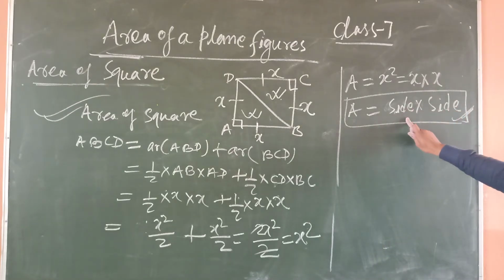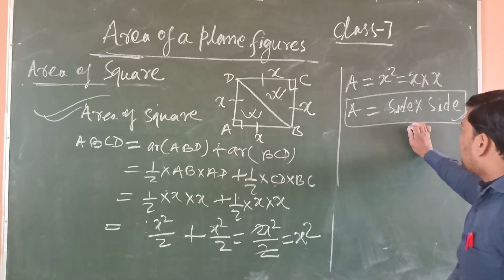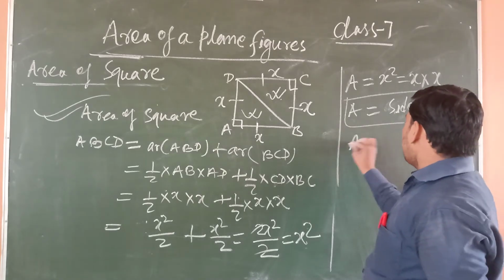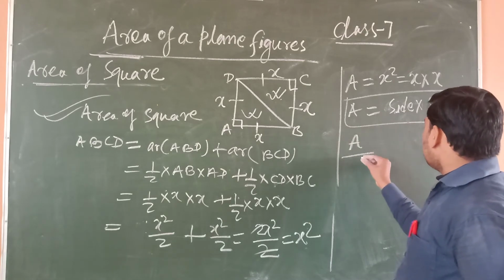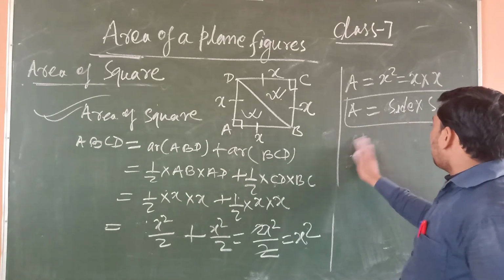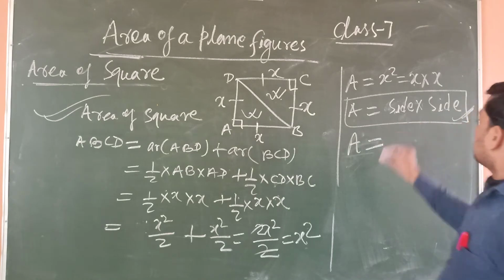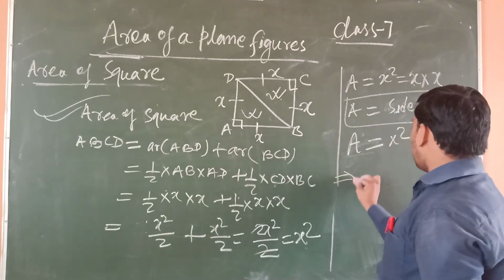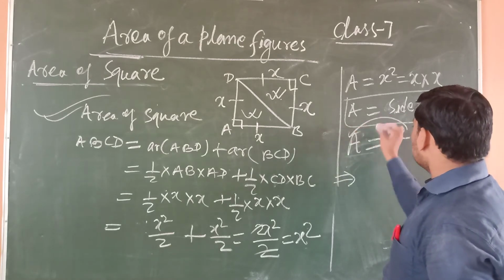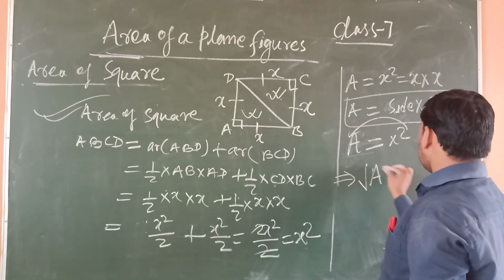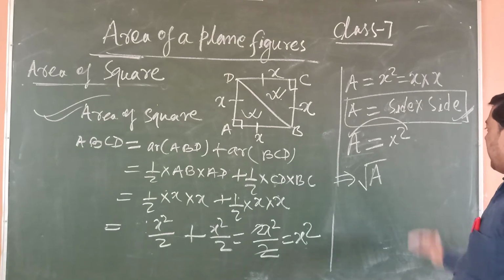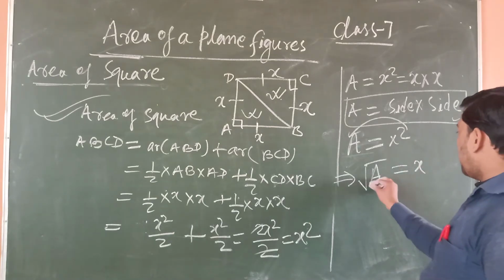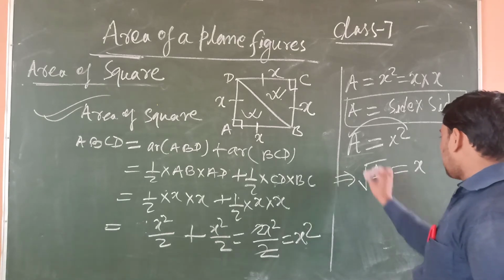From here, we can find the formula for side. See, area and side are multiplied, so area is x square. Then x square will go to the other side, and under root a is equal to x. So x is equal to under root area.